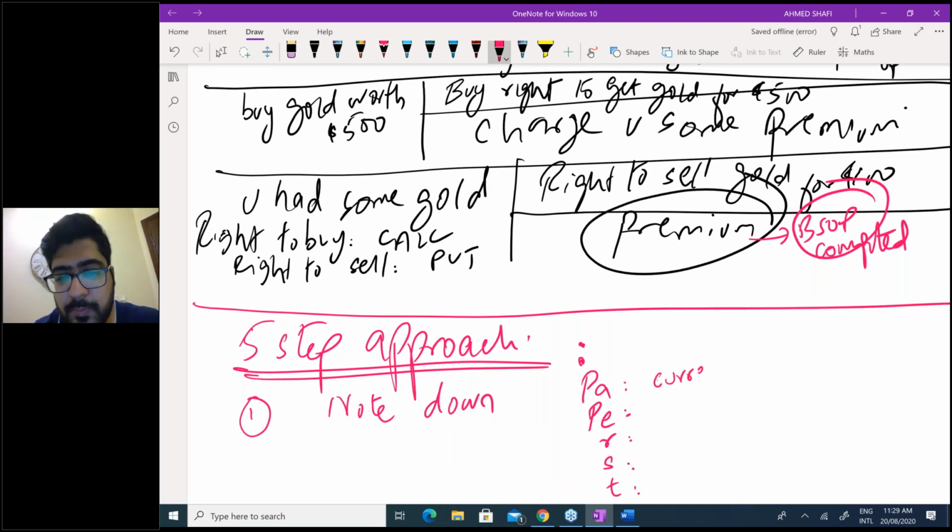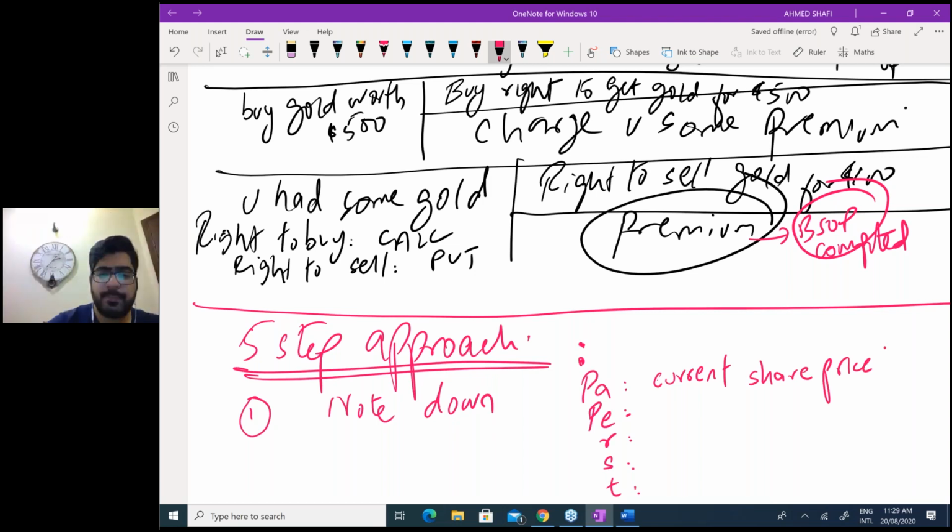PA is called the current share price or the commodity price, whatever you are doing. PE is called the exercise price. R is the risk-free rate. S is the standard deviation.